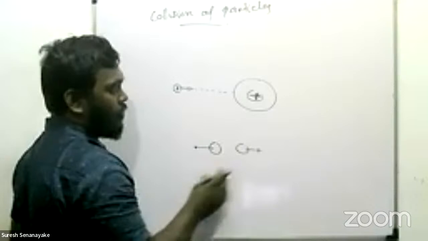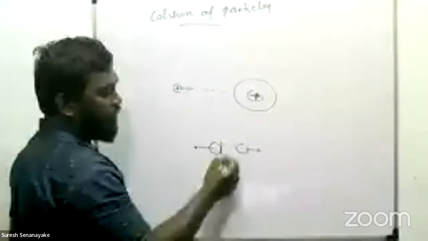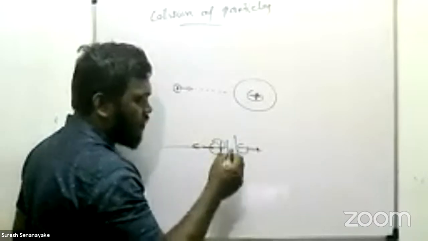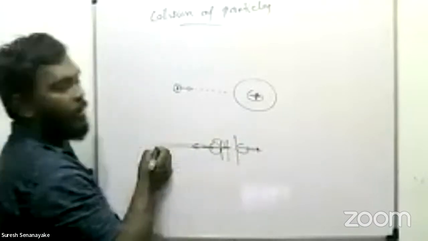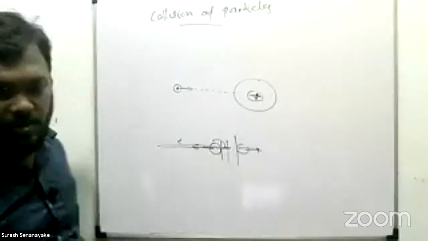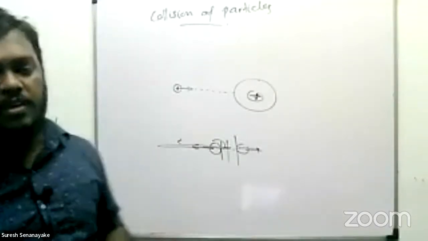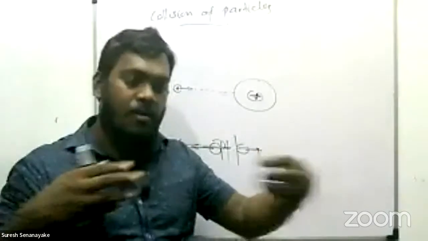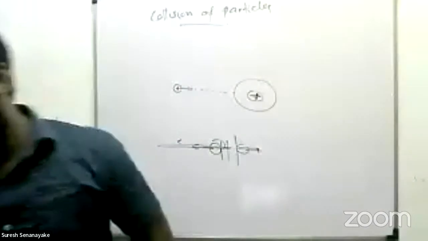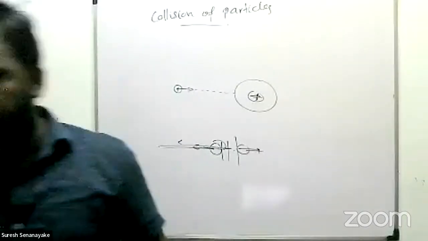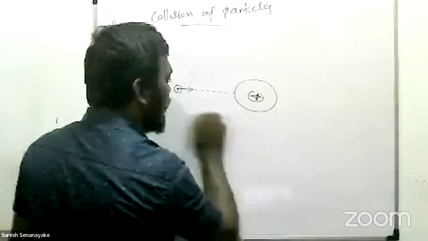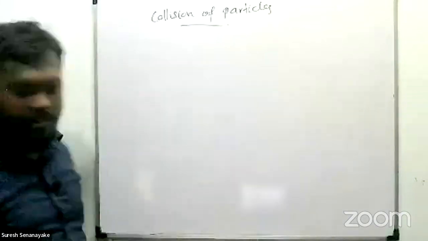So when they come closer they never touch, because the Coulomb repulsion becomes greater, and the alpha particle returns back. When the closest approach is achieved, it returns back as a collision. So this is also considered a collision between the alpha particle and the gold nucleus, but they do not touch each other because of the high Coulomb repulsion. This is one example of a collision without touching.